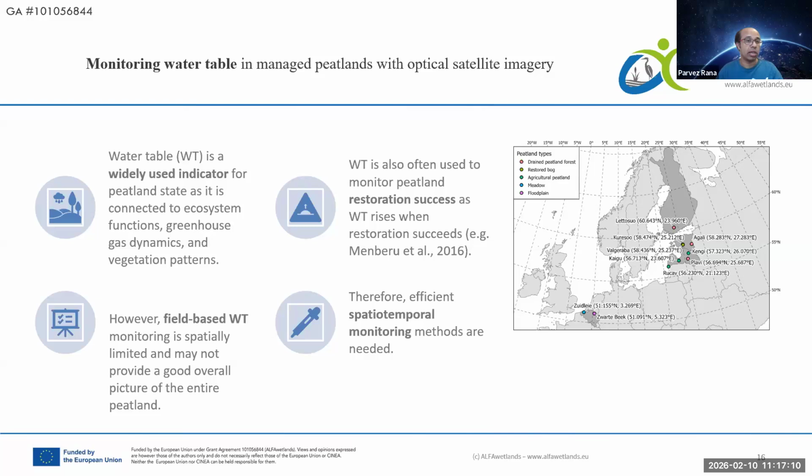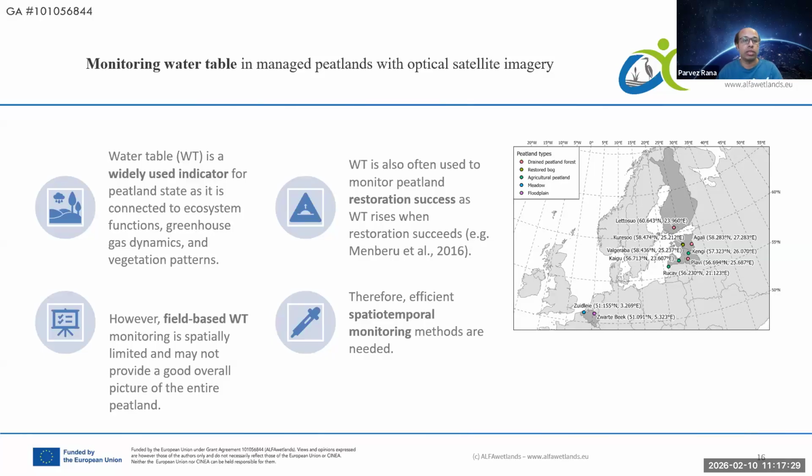You could say I could visit each plot and get the water table, but this is not the case, because both the spatial and temporal scales of the water table are very important. You cannot visit every now and then, it is very expensive. So we have to rely on remote sensing data.